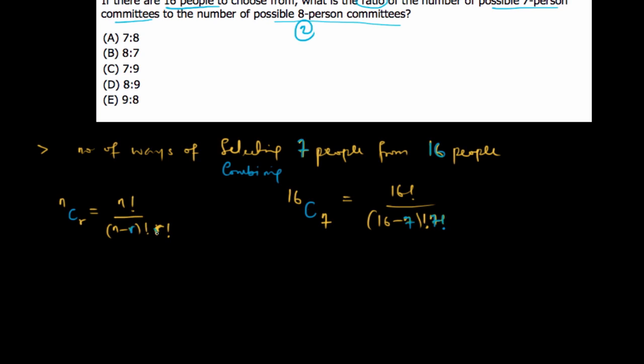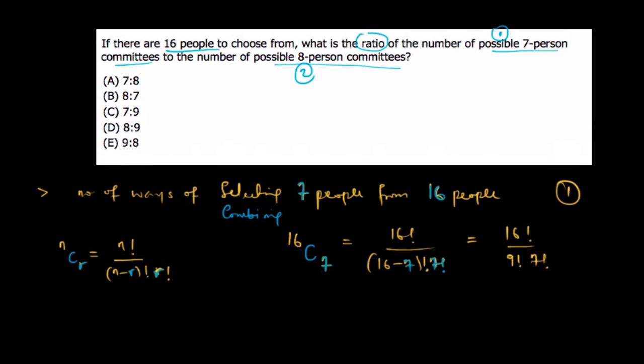So 16 combination 7 is the 16 factorial divided by the subtraction, then the product of the number itself. So this is just going to give you 16 factorial divided by, now 16 minus 7 is going to give you 9 factorial, and then 7 factorial. So this is what we have for the first statement.